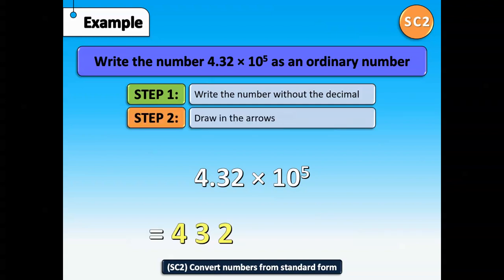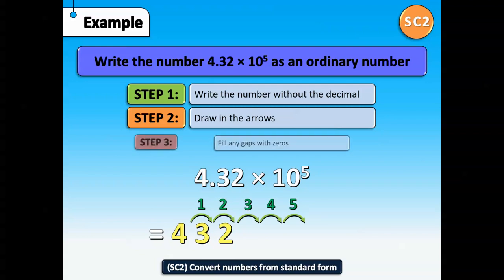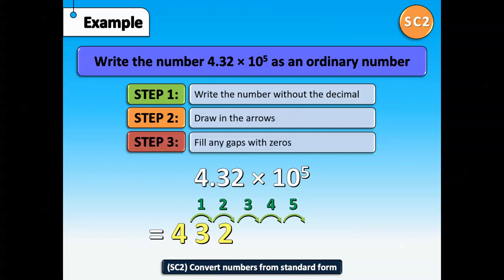Then we draw in the arrows of how many places the decimal point's moved. Well, it's moved 5 places because the power is 5. And then we fill in the gaps with zeros. So our number is 432,000.